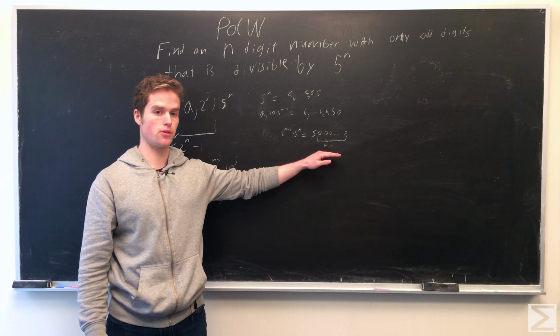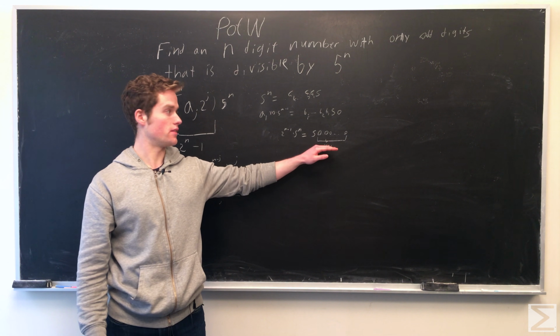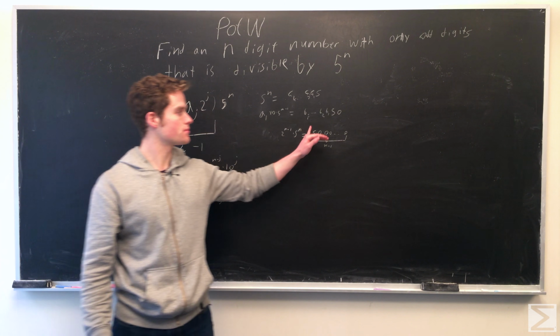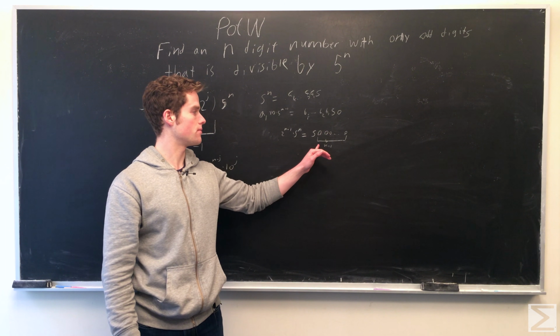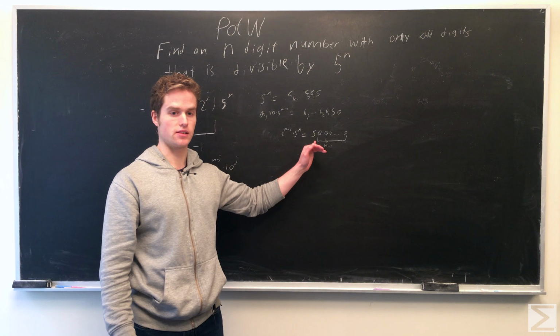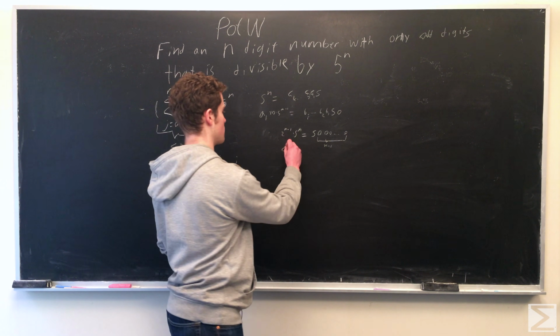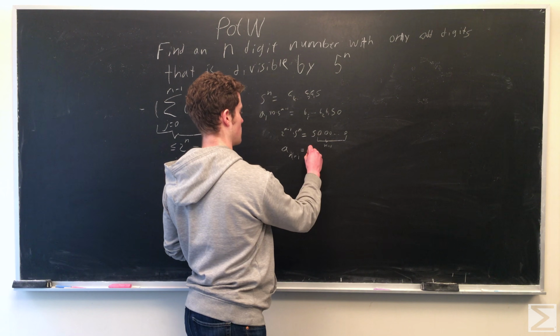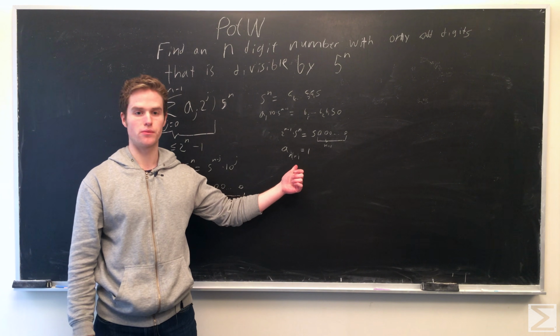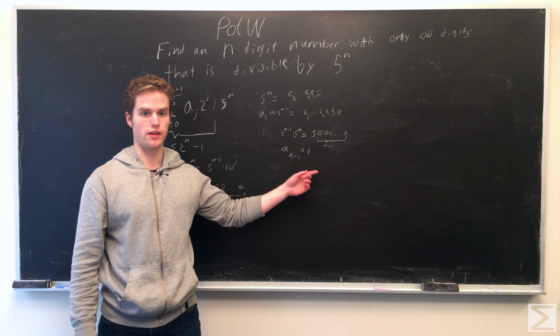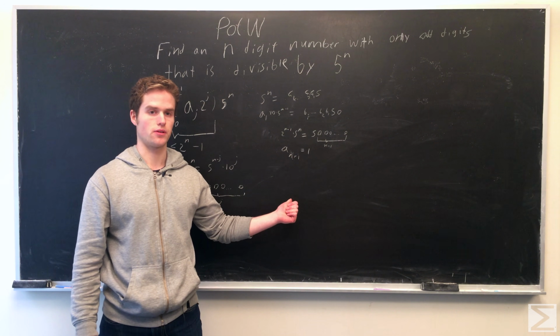This is an n-digit number. And if we don't have an n-digit number, then the c for the nth digit is going to be 0. 0 is an even number, so in this case we would set a_{n-1} to 1, and then we would get our n-digit number.